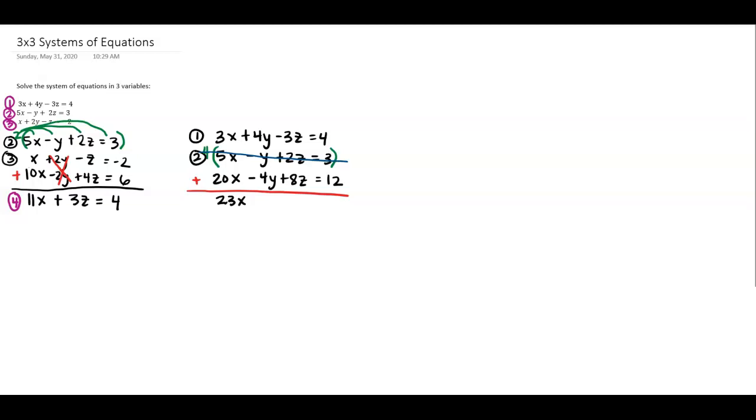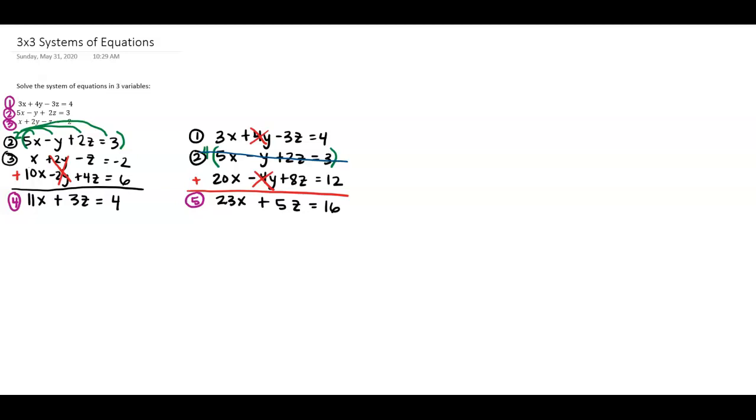All right, I see that my y's eliminate. 4y minus 4y, right, just makes it 0. It's eliminated. And then my z's, I get plus 5z equals 16. Okay, and again, I made a new equation by adding 1 and 2 together, so this time I'm going to call this equation 5.